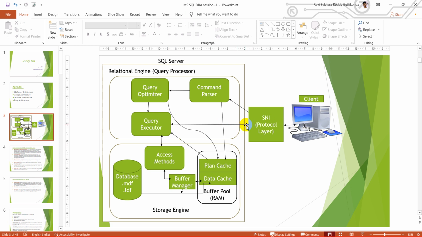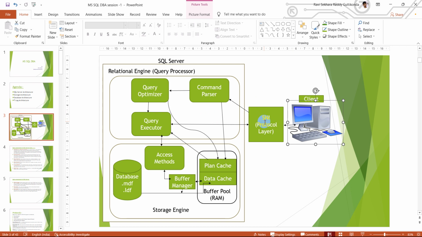A network packet consists of the source IP address and destination IP address, and whatever data we are requesting from the client machine is stored in the network packets. The network packets will be transferred from the client machine to SQL Server through the SNI protocol layer. We will discuss the SNI protocol layer in detail in a few more minutes.